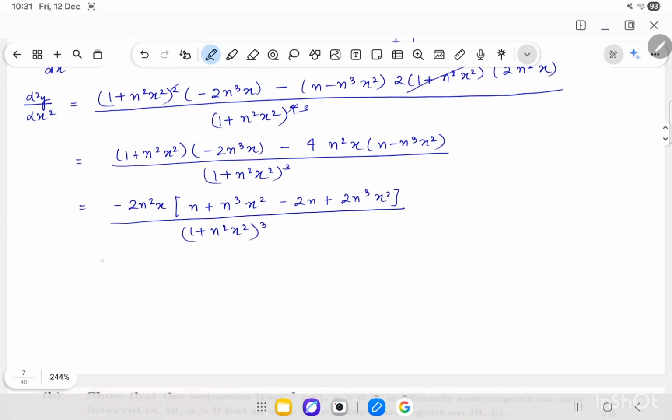So it simplifies to minus 2n square x times (3n cube x square minus n) divided by (1 plus n square x square) cube.